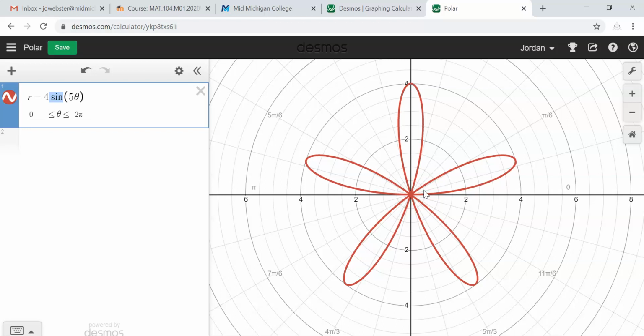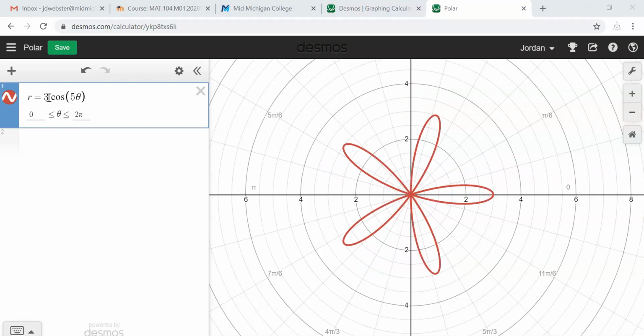Now, if you change this around to cosine, so there you go, 3 cosine 5 theta, notice that one of the petals is aligned with the polar axis, the line theta equals 0, or what we would call it in the rectangular version, the x-axis. So that's the difference between cosine and sine.